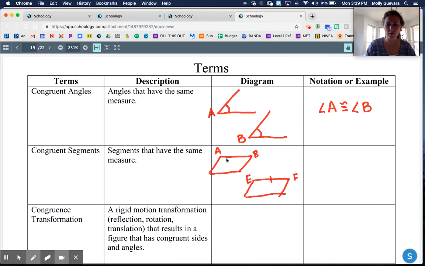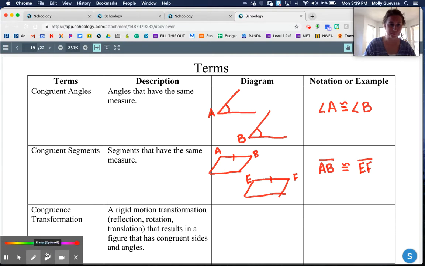If these two line segments are the same length, they will have the tick mark, right? So I just drew the tick mark. This tells me that line segment AB, and I know it's a line segment because I can draw a line above it, is congruent to line segment EF. All this means is that two lines are congruent if they are the same length. Two angles are congruent if they have the same angle measure.